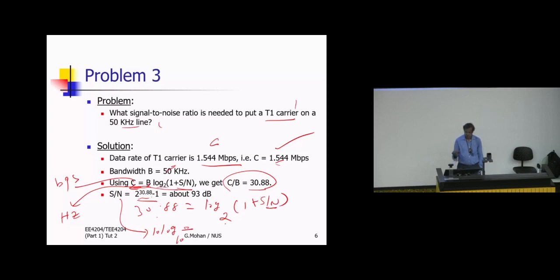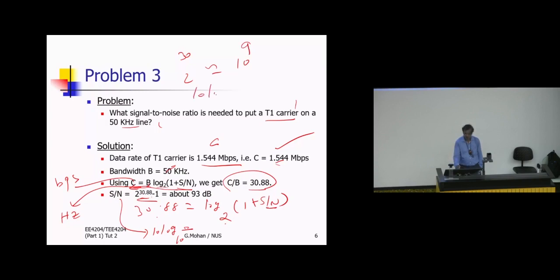But an approximate value we can easily find. 2 raised to the power 30 is approximately how much? 2 power 10 is approximately 10 cube, that's 1024 actually. So 2 raised to the power 20 is 10 power 6, and 2 raised to the power 30 is 10 power 9.